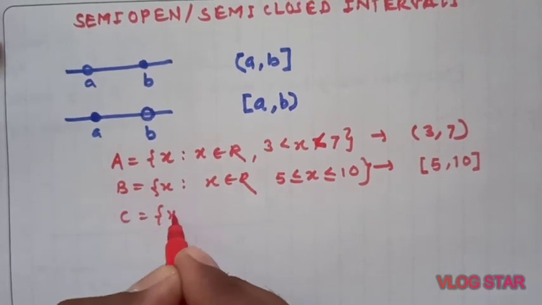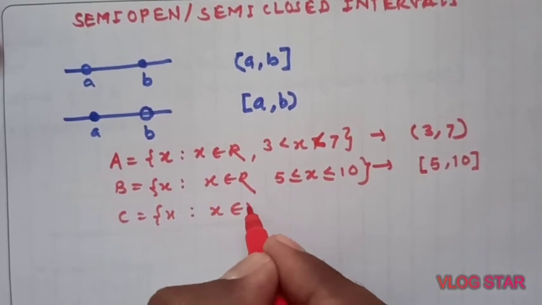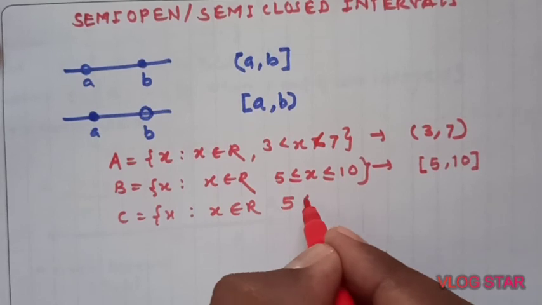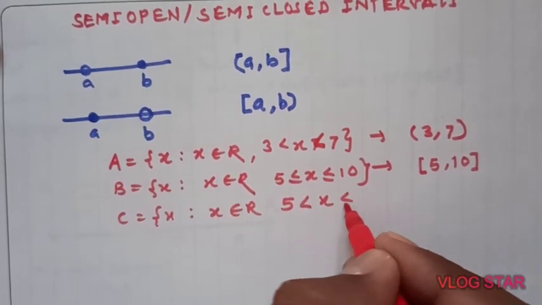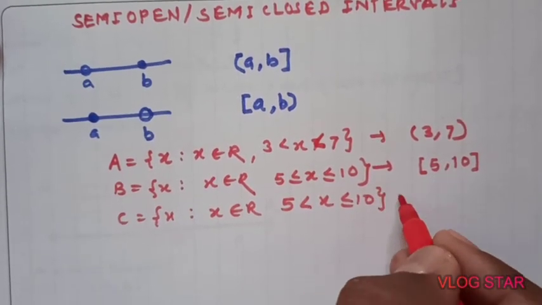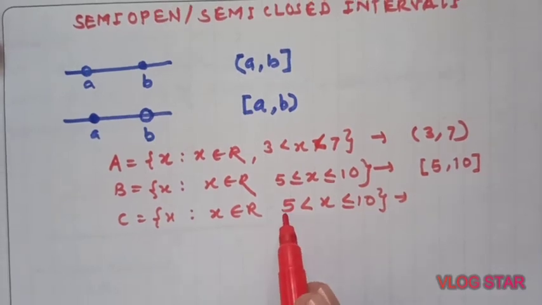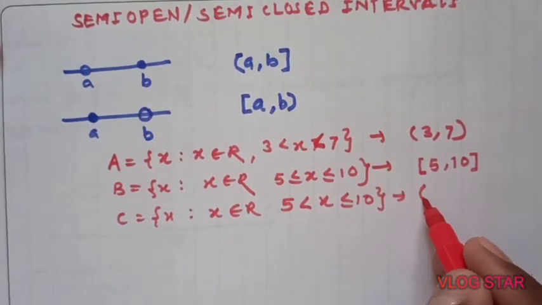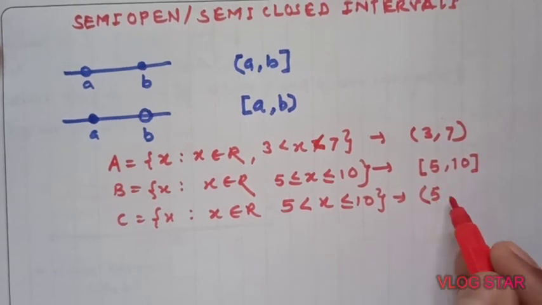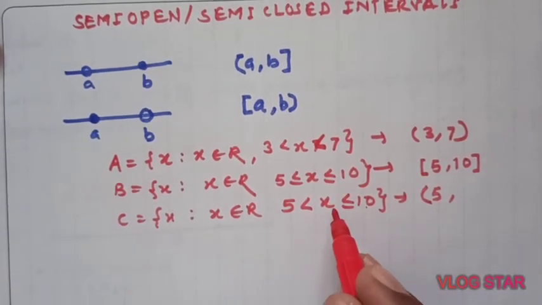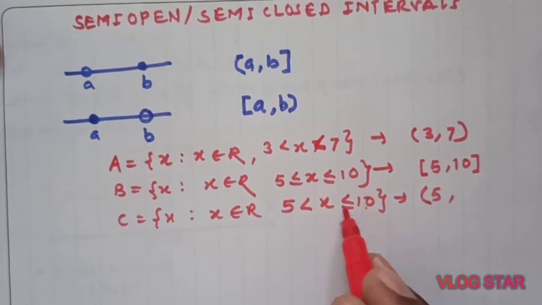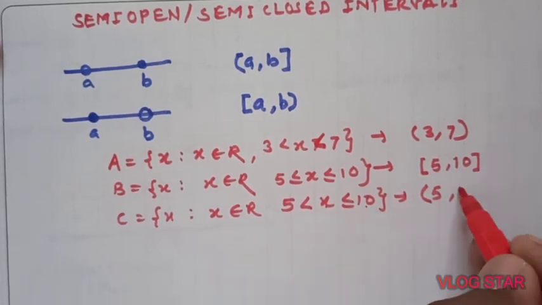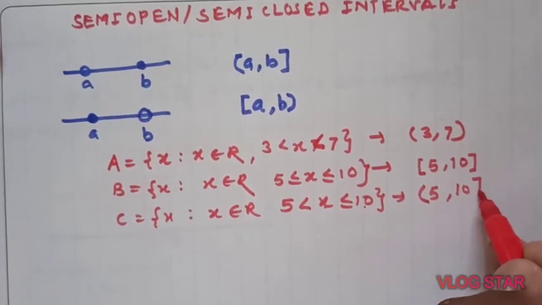Another example, the set of all x such that x is a real number, 5 is strictly less than x less than or equal to 10. Now in this case, 5 is not a member but 10 is a member. 5 is not a member, so this side is open, comma, but 10 is a member because x is less than or equal to 10, so this side is closed.